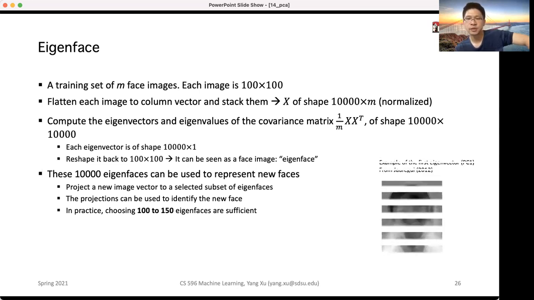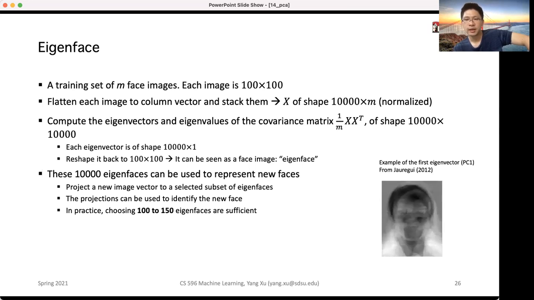So this is how an eigenface looks. That's the first eigenvector, the first principal component. It's not a recognizable human face, but it characterizes the most amount of variance in all the face data.